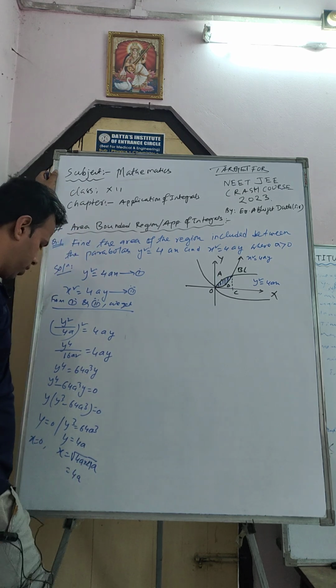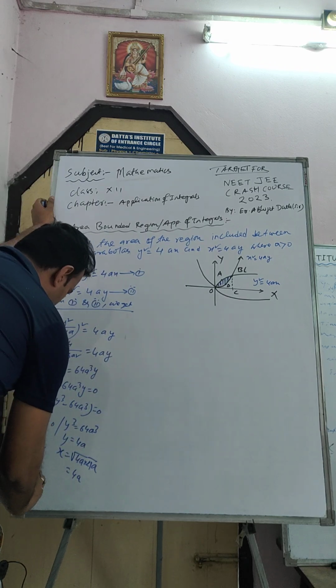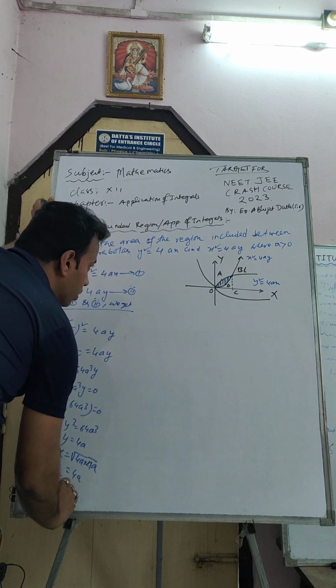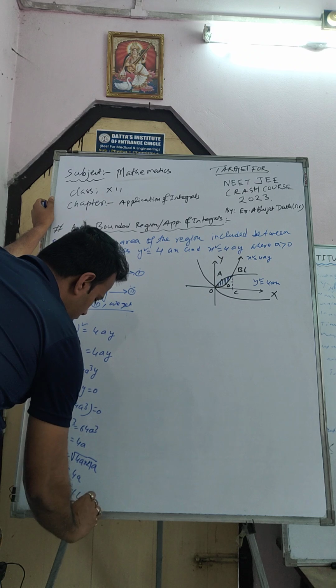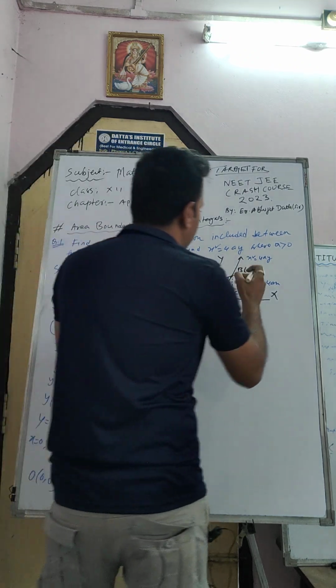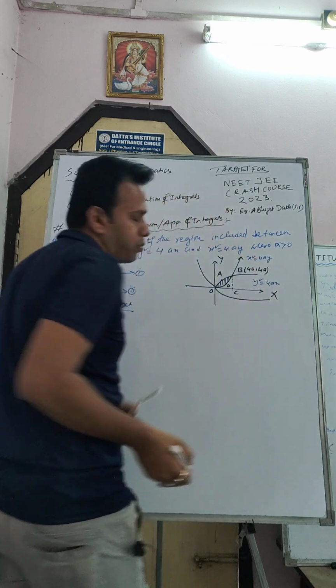Okay, fine. So the coordinate of origin will be 0, 0, and coordinate of B will be 4a, 4a. Okay, the coordinate of B is 4a, 4a. So the two parabolas will cut at origin and at the point B.